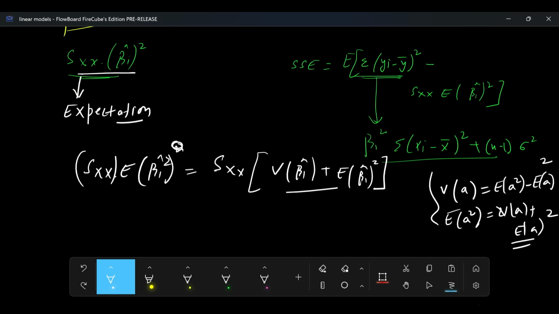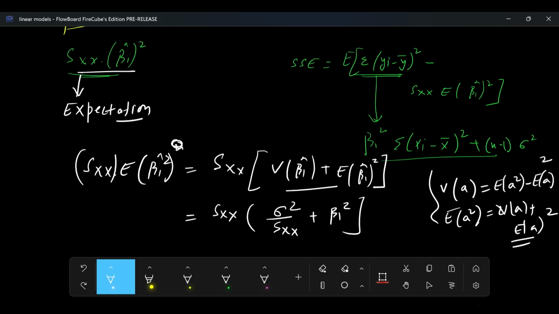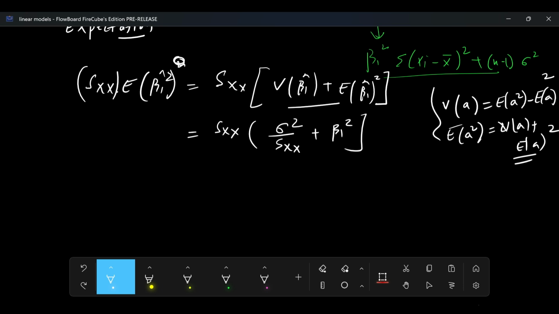So this is equal to SXX. What is variance of beta1 hat? That is sigma square upon SXX plus beta1 square, as expectation of beta1 hat is beta1. That's an unbiased estimator.